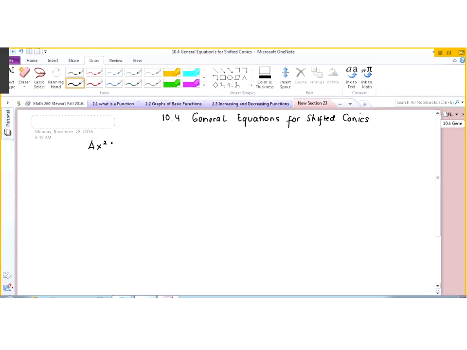So this is the equation: ax squared plus cy squared plus dx plus ey plus f is equal to 0. I don't know why they don't use b. I thought they would have a B, but it doesn't. This is from the book. I just want them to be exactly the same. Now, do you remember when we say it's a parabola?